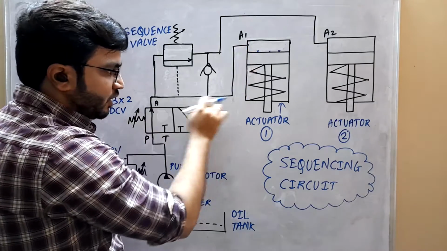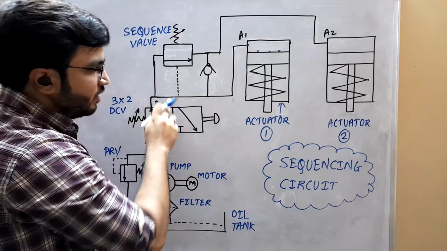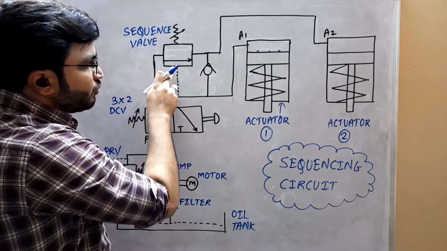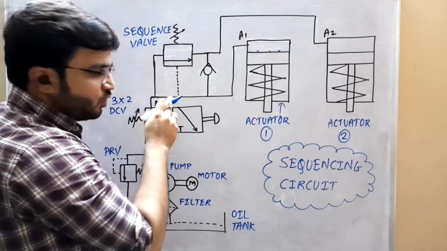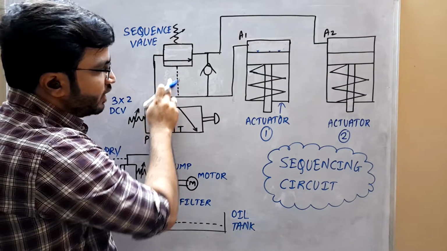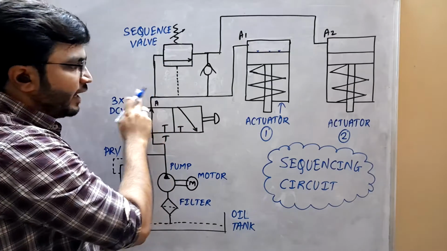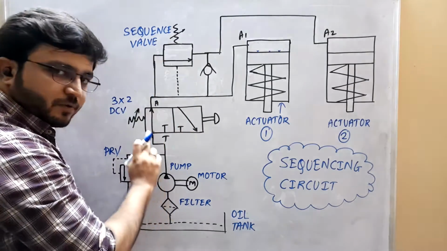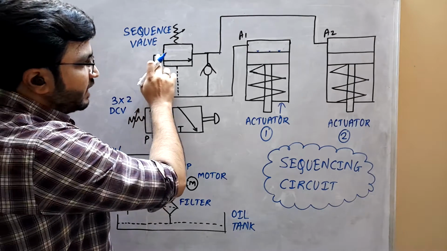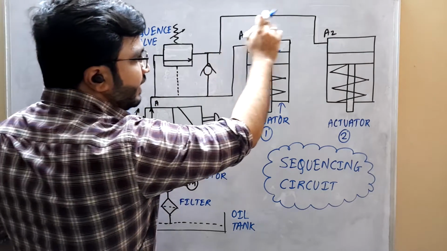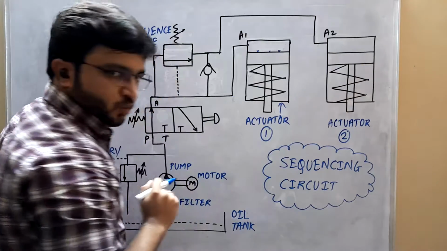Because of this pressure built in this particular line, the sequence valve will be now opened, because this pressure will be sensed by this particular pilot line. Now since the sequence valve has been opened, the hydraulic oil which will be getting pumped from the pump, it will be supplied from this particular line and it will be entering the actuator 2.